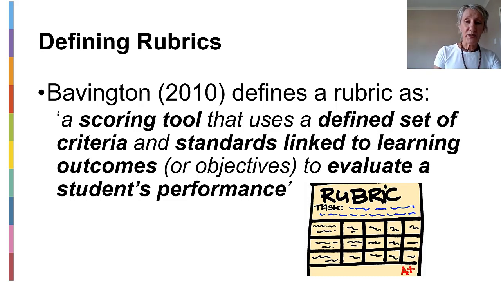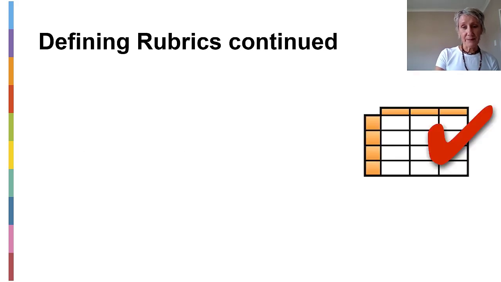So is it a 1, a 2, a 3, a 4, or a 5? Is it excellent? Is it good? Is it average, below average, poor? And this will be all linked to the learning outcomes. And this will evaluate the student's performance on that grid. So you'd have the rating, you'd have the criteria, and with that you would rate what the student had done.